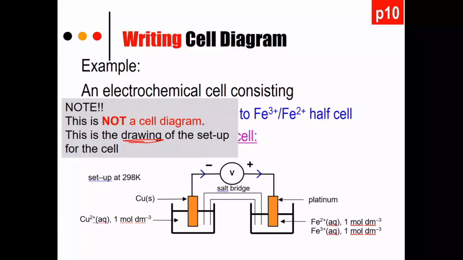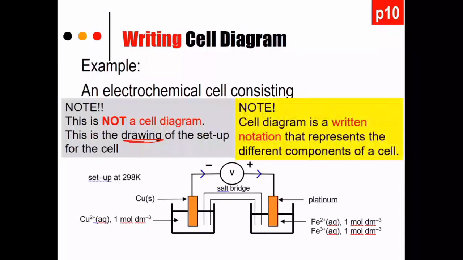So when the question asks you for a cell diagram, what exactly is a cell diagram? Now, a cell diagram is a written notation, a shorthand notation that represents the components of an electrochemical cell. So it's a shorthand, not a drawing of the experimental setup.